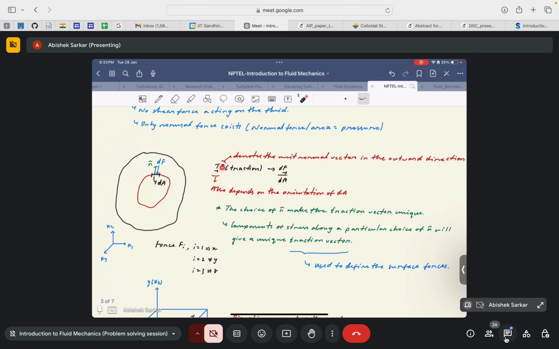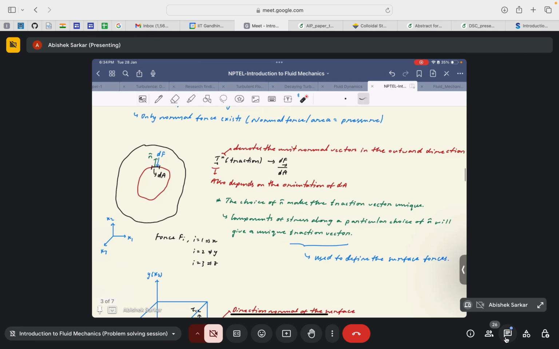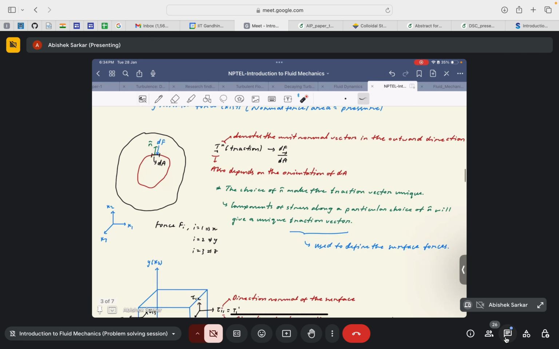This is given by the notation n, and this n denotes the unit normal vector in the outward direction of that particular area. So if this is the area dA, then n denotes the normal vector to this area. And the choice of n makes the traction vector unique.